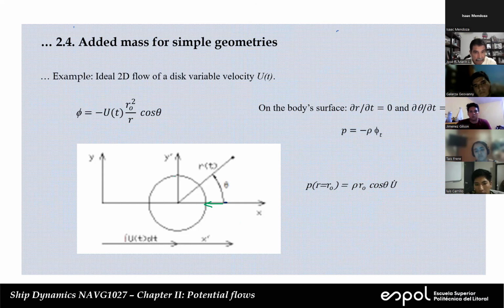About here, cosine of 90, Hidrobo, cosine of 90, 0. About here, cosine of 180, minus 1. So if we take this minus 1, so instead of pushing, it will pull.